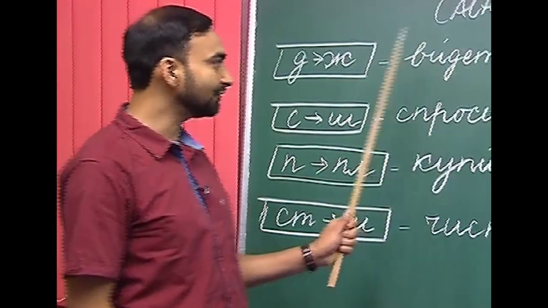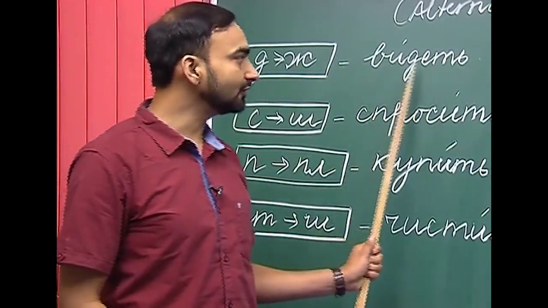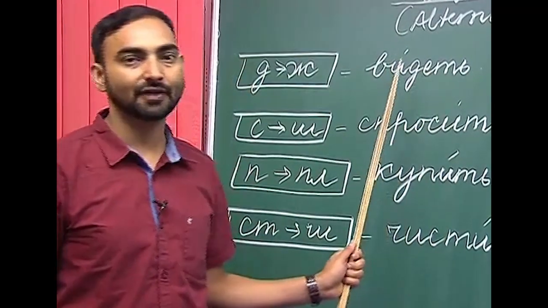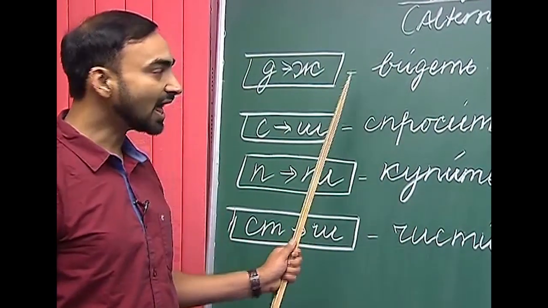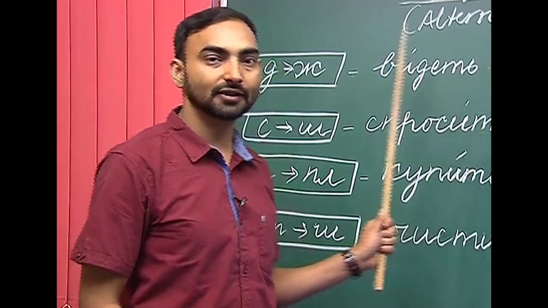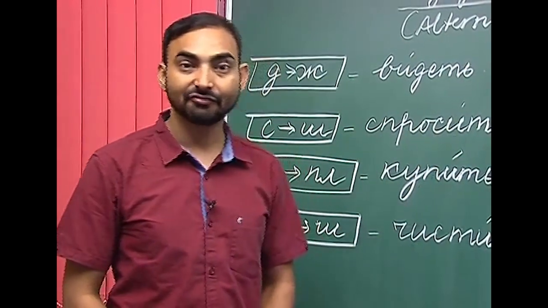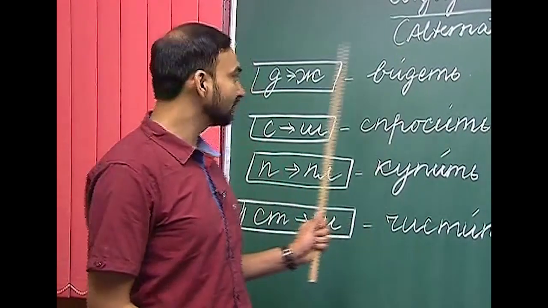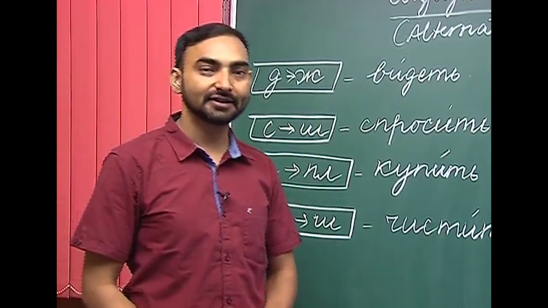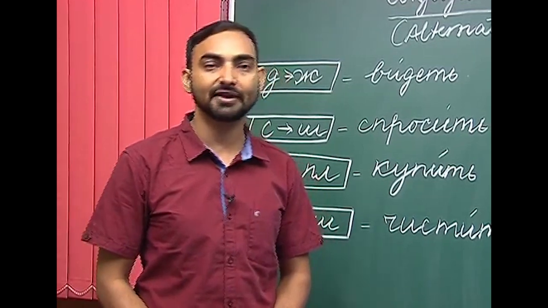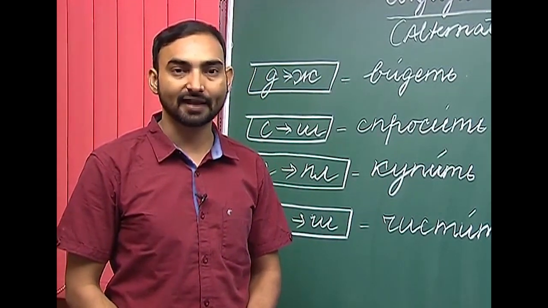For example, if you conjugate this verb vijit, ya viju. So, the d changes to zh, ya viju, but ti vijish. From ti onwards: ti vijish, onana vijit, mi vijim, vi vijite, ani vidyat.